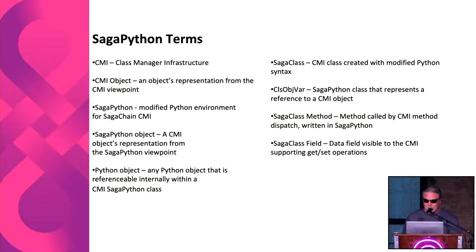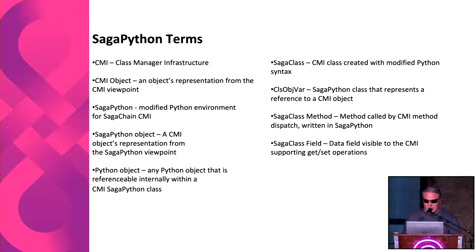A Saga class is a CMI class. I'll explain the object environment in a minute. That is Saga, defined by SagaPython. The class obj_var, or class object variable, is the class that represents CMI objects to SagaPython.